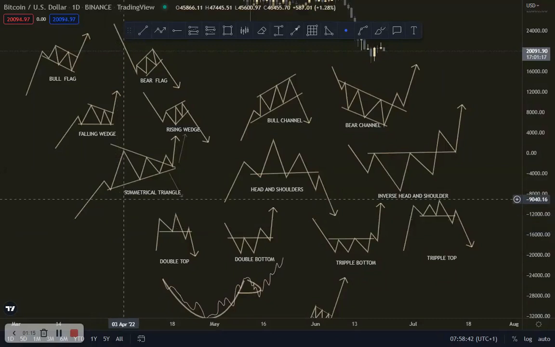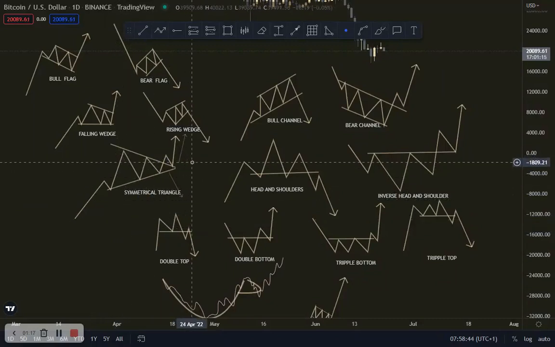So I'm gonna start with the definition of chart patterns. What do you understand by chart pattern? When you hear the word chart patterns, what do you understand? Right? So I'm gonna read it to you. It says that a chart pattern is a price action pattern within a chart when prices are graphed.